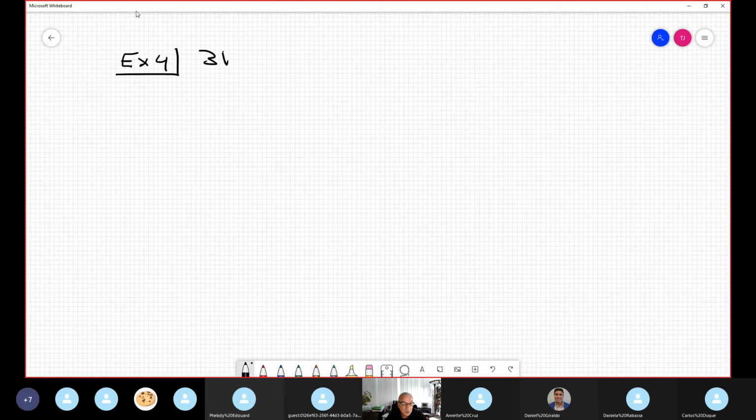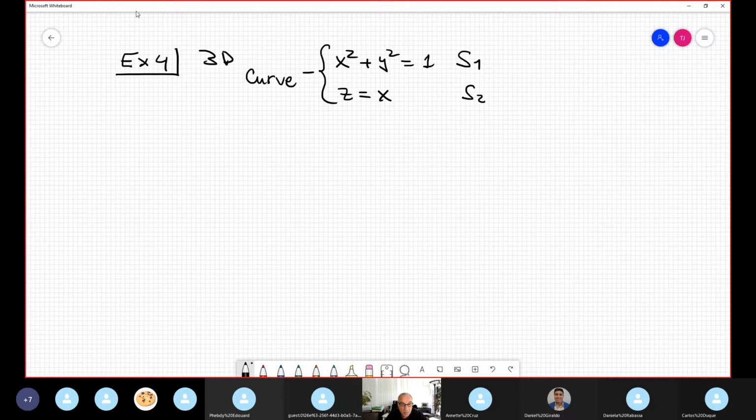We have a curve formed by the intersection of two surfaces: x squared plus y squared equals 1 is surface 1, and z equals x is surface 2. So our curve is the intersection of surface 1 and surface 2.